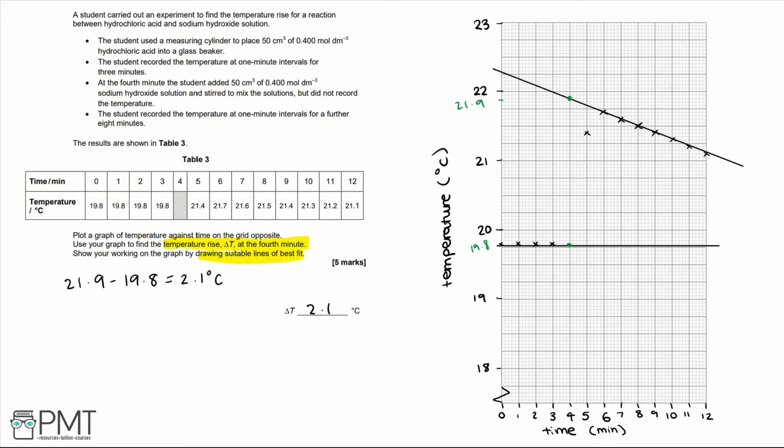So not using the 5-minute point, that's the key here. Then you get your 4th mark for extrapolating both lines to at least the 4th minute. So that's where this green point comes in on both lines of best fit. And then you get your 5th mark for working out the temperature rise of 21.9 minus 19.8, which is going to equal 2.1 degrees Celsius.